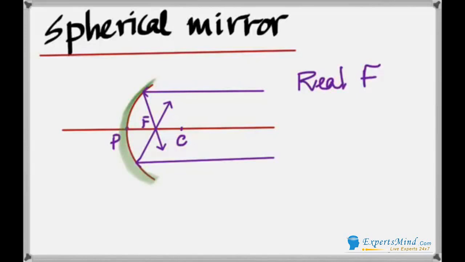So what do you mean by the focal point or the focus? Parallel rays. Where do parallel rays come from? From infinity. So if you turn the concave mirror towards the sun, which is at a great distance away from us, so it's almost at infinity, where would you get the image of the sun? At the focal point.